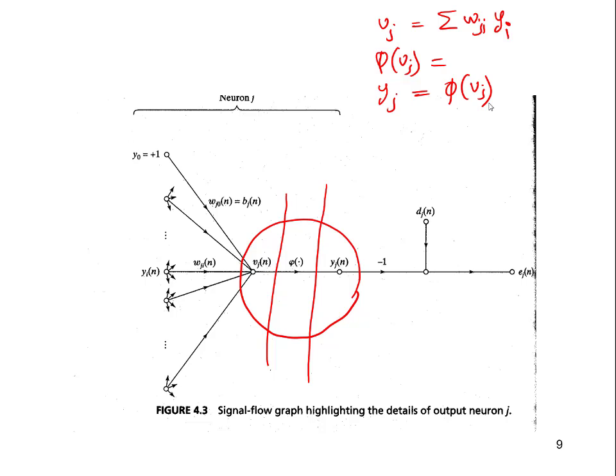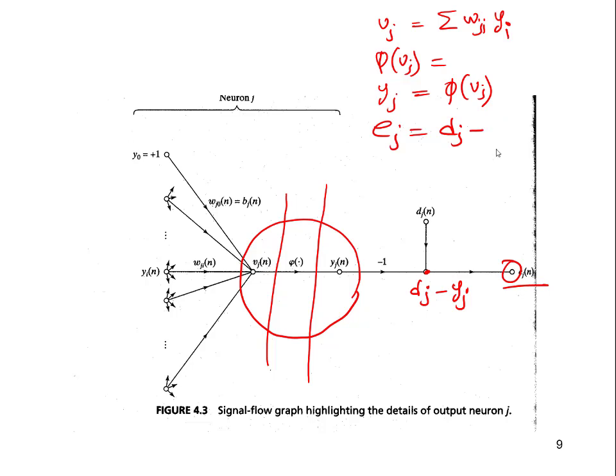So these terms are considered here. In this point we can say it's dj minus yj, just multiplying with minus 1, and it is producing an error. So ej is nothing but dj minus yj.